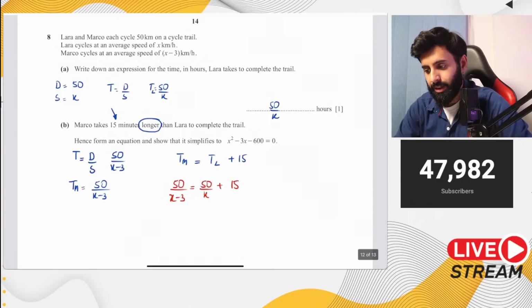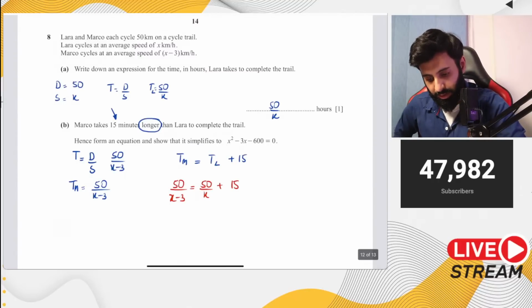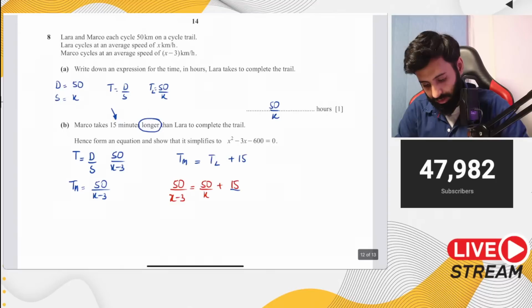Yes, you need to convert it into hours. So what are you going to do? You're going to convert this into hours, by dividing it by 60.